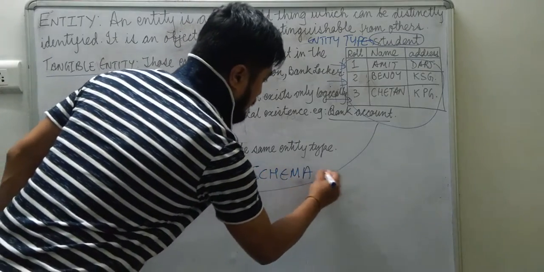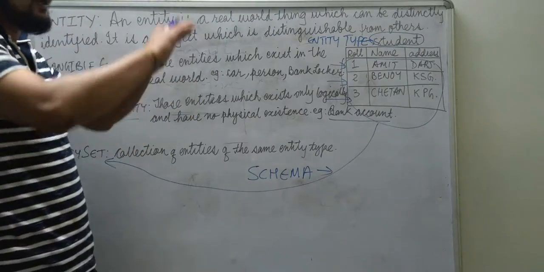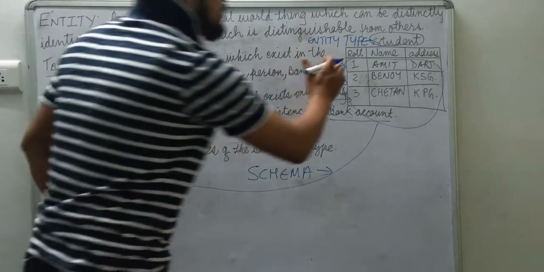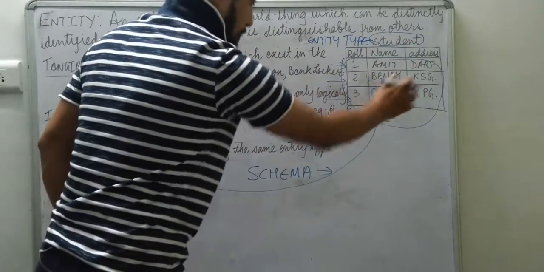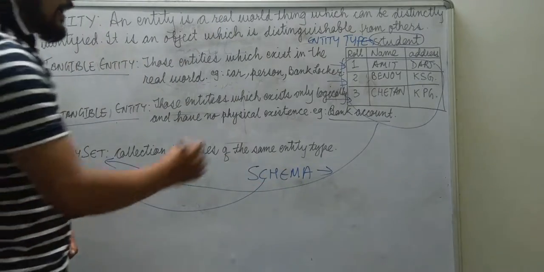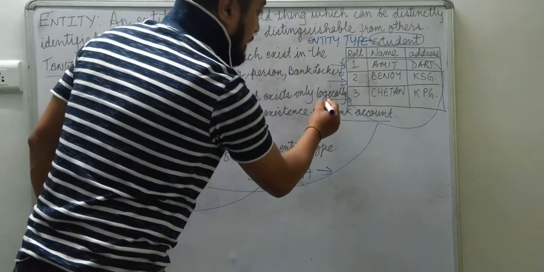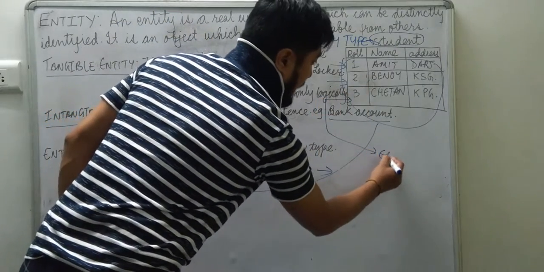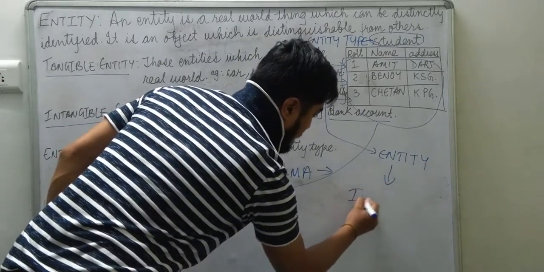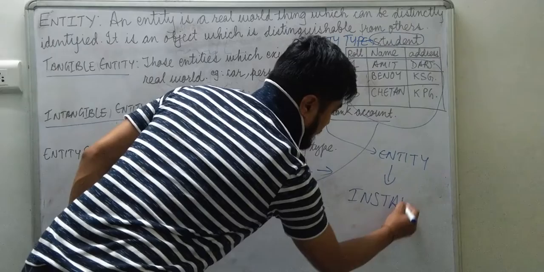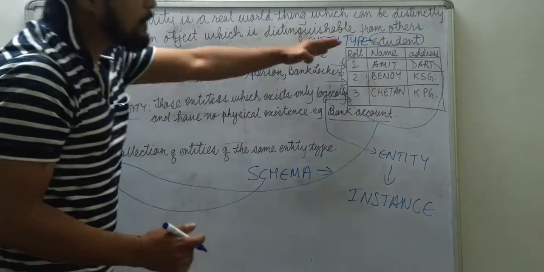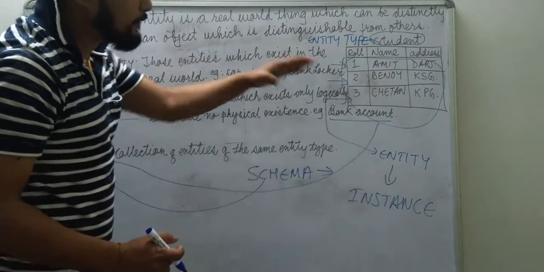Now, we studied schema earlier. What is schema? The overall design of a table is known as schema. We can consider this schema as the entity set, and each and every row is an entity, which we can call an instance. How many instances are there? There are 3 different instances.